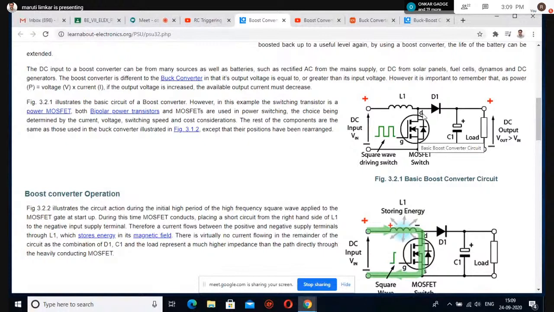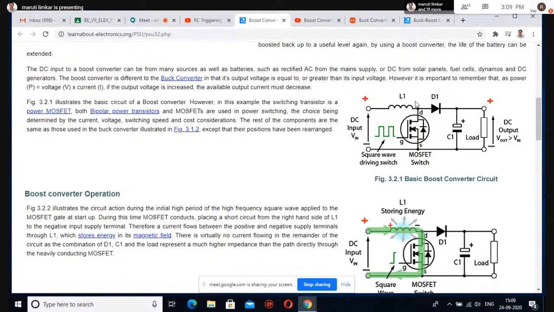In this fashion, your current is flowing. So during this time period, your inductor starts storing energy.